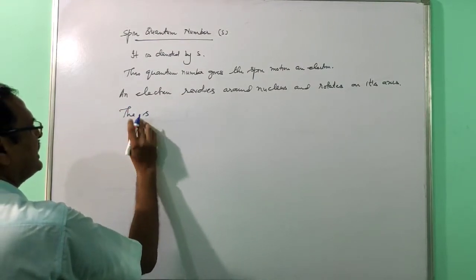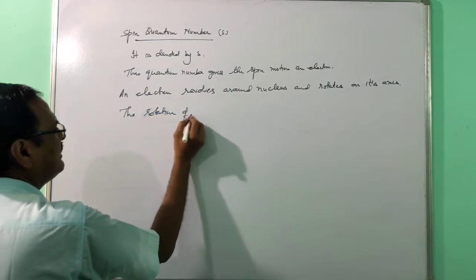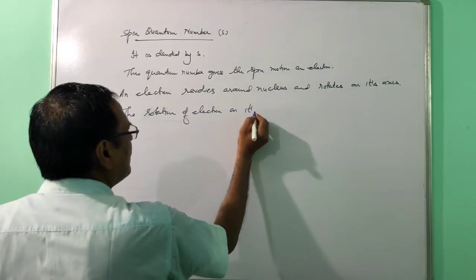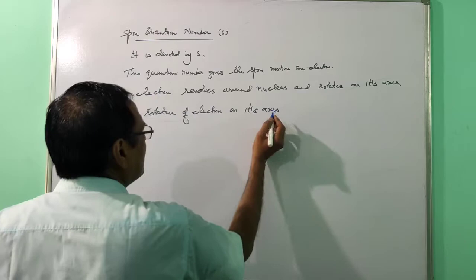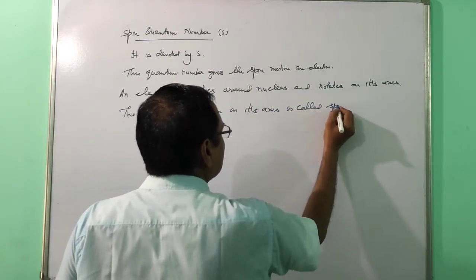The rotation of electron on its axis is called spin motion.